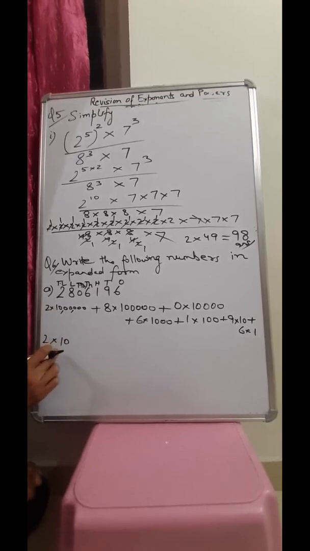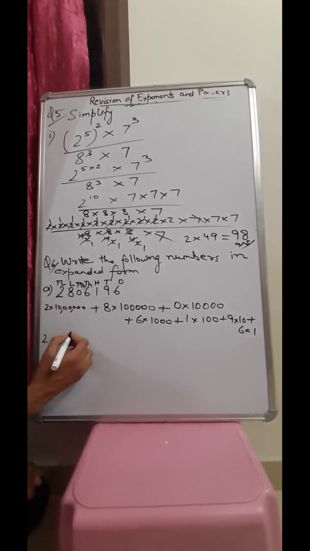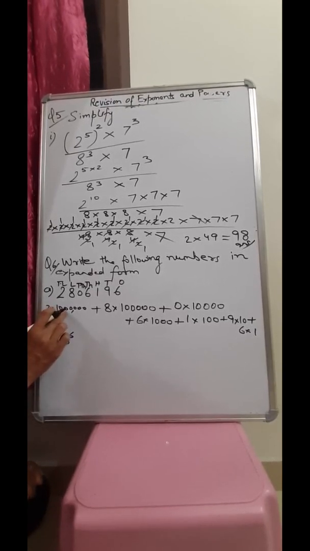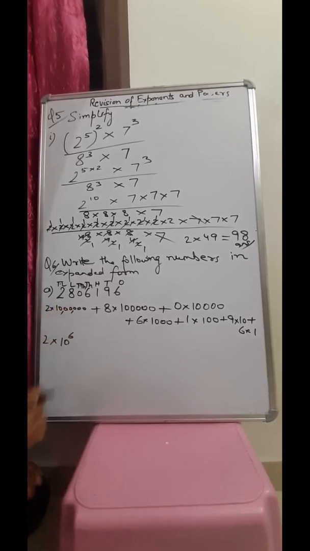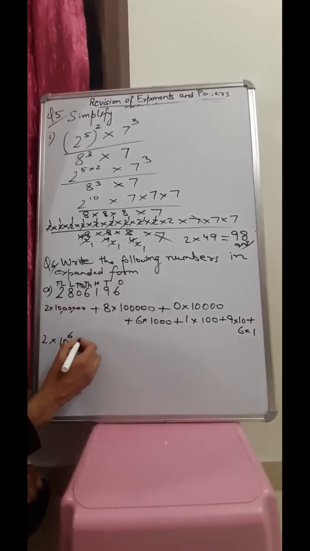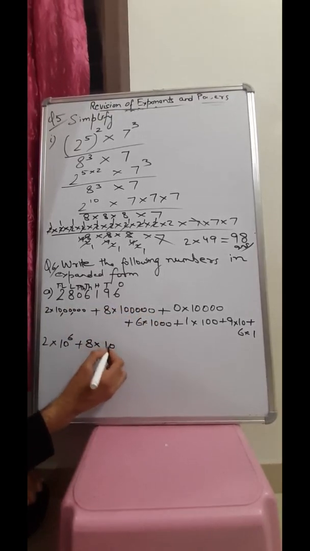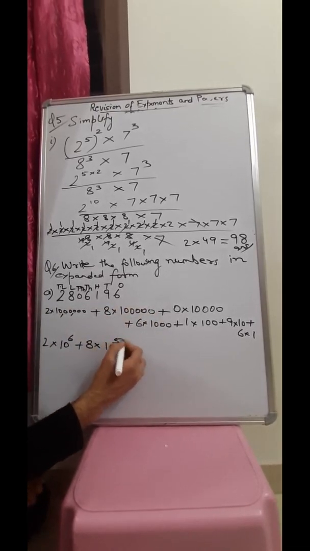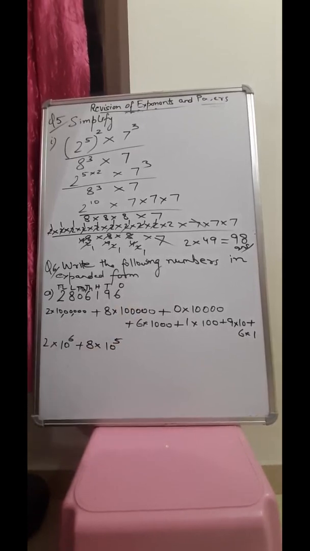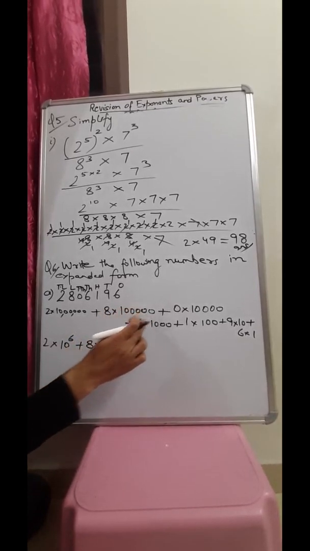So 10 raised to 2 into 10 raised to power 6, because they are 6: 0 1 2 3 4 5 6. So that means the power becomes 6 here, plus 8 into, again the base I have taken as 10, and the power 10 raised to 5, because 5 is 0 1 2 3 4 5.